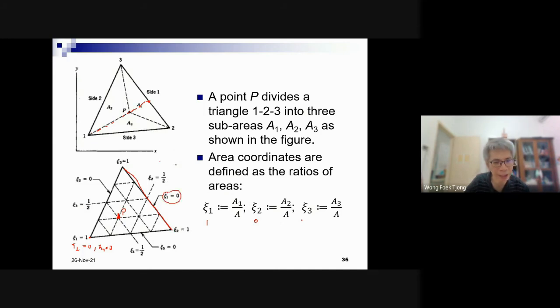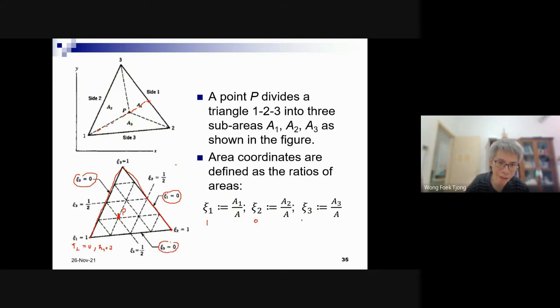That's the point with the farthest position from node 1. So that's 0, while at node 1 it is 1. Similarly for this one. If at node 2, C2 is 1, others 0. This is the farthest point from node 2, so this is C2 equals 0, right? And also for node 3, this is 1 and this is 0.